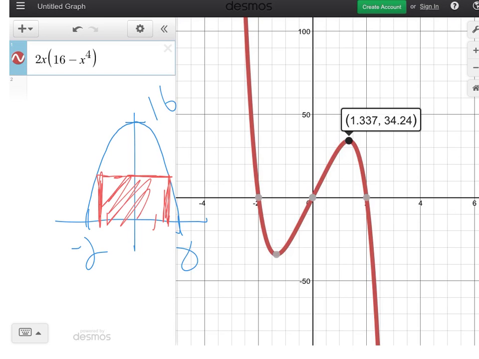That dimension, when that is the x value, and of course it would be negative over here too, is going to have the maximum area. Okay, and next semester when you do calculus and learn about taking derivatives, you'll see that this is true. And that's how I do this kind of problem.